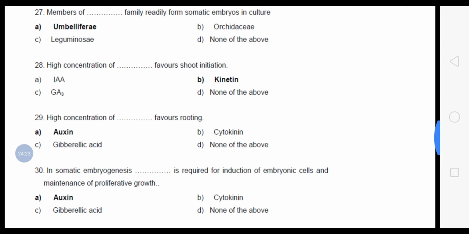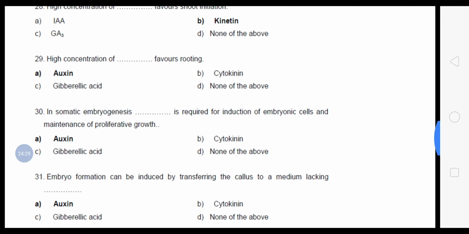High concentration of dash favors shoot initiation, that is cytokinin or kinetin. High concentration of dash favors rooting, auxin. In somatic embryogenesis, dash is required for induction of embryonic cells and maintenance of proliferative growth, that is auxin.